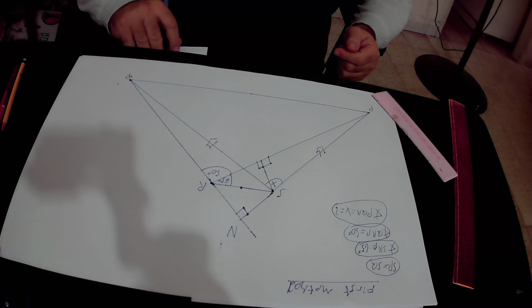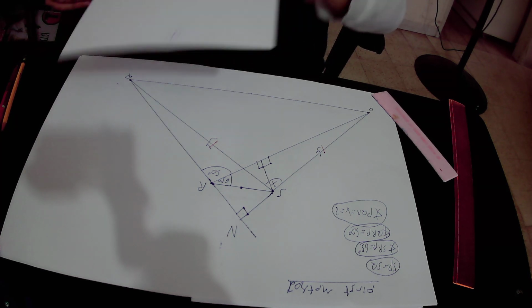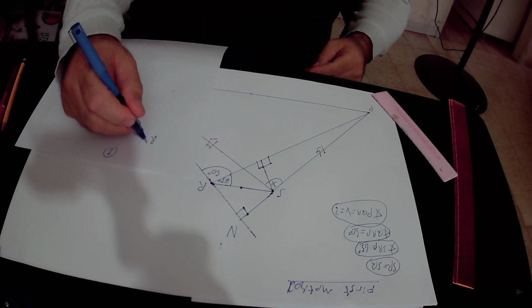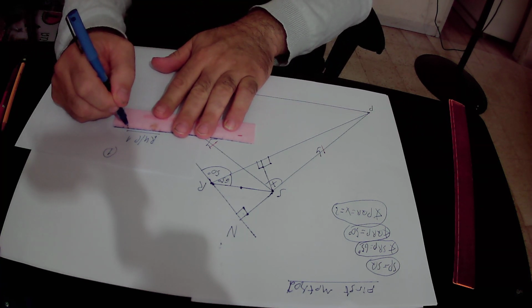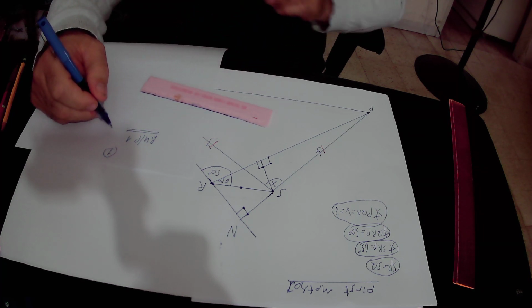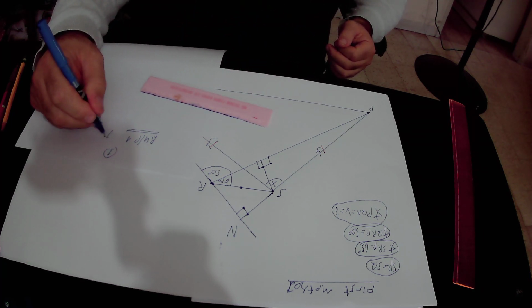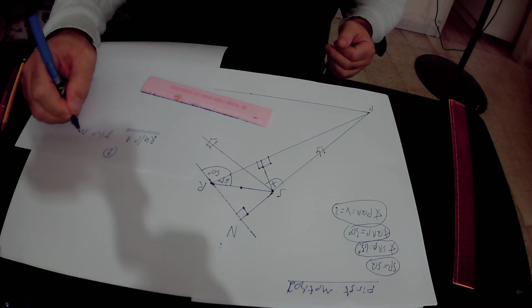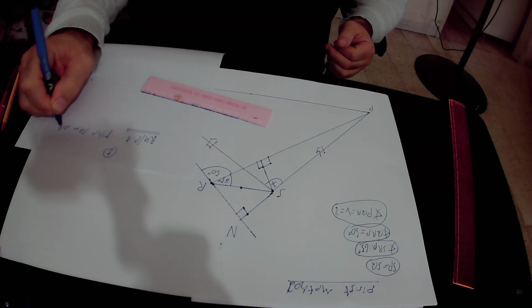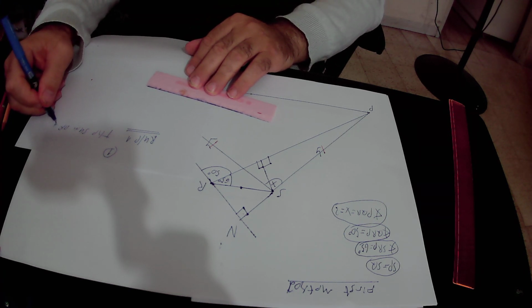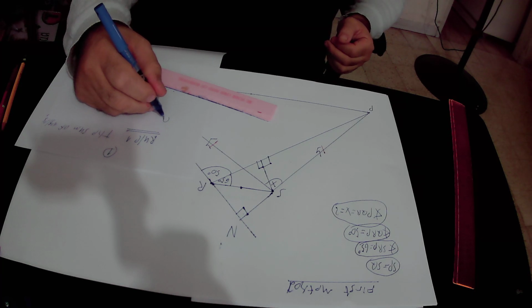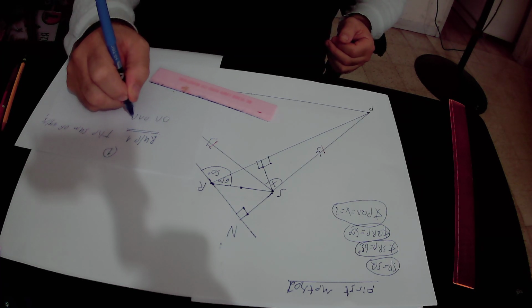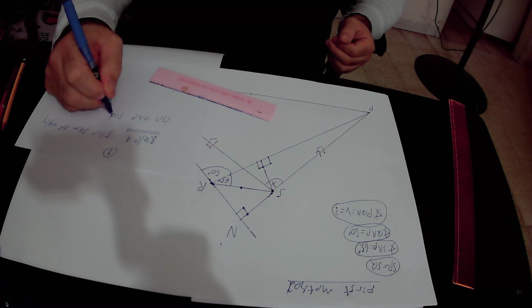And we have a rule, number one. Rule number one states that the sum of the angles on one side of a straight line is equal to 180 degrees. I will write it down.